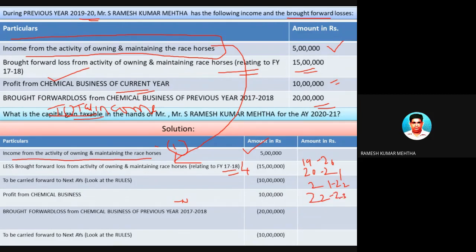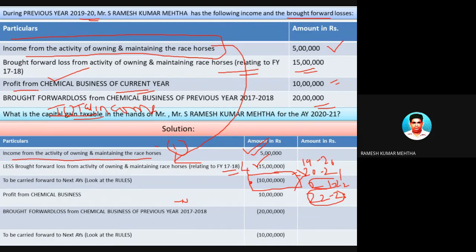So we are in the assessment year 2020-21. So this can be set off against this year's income from the activity of owning and maintaining of horses. So against this 5 lakh rupees, I can set off only 5 lakh rupees, and the remaining cannot be set off because of inadequacy of profits. So this will be carried forward for another 2 assessment years. So this is the first half of the problem.